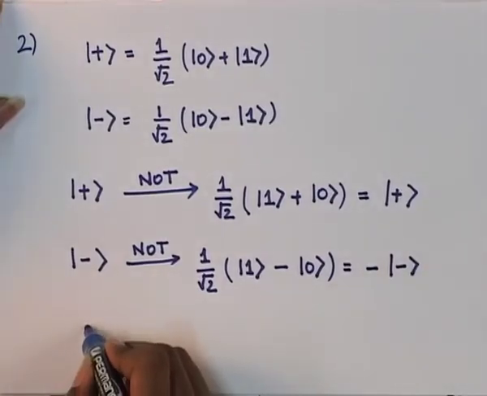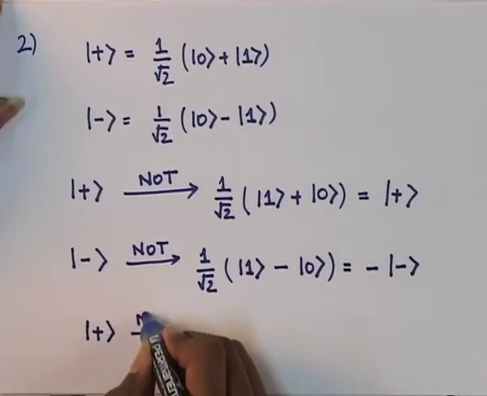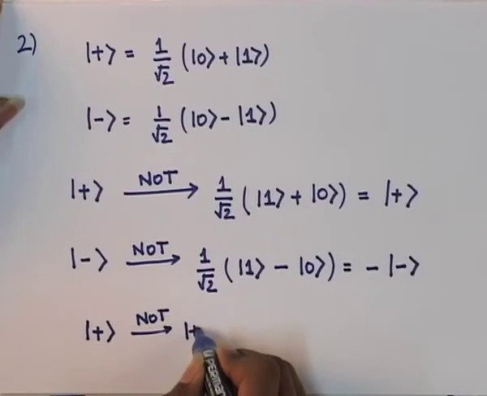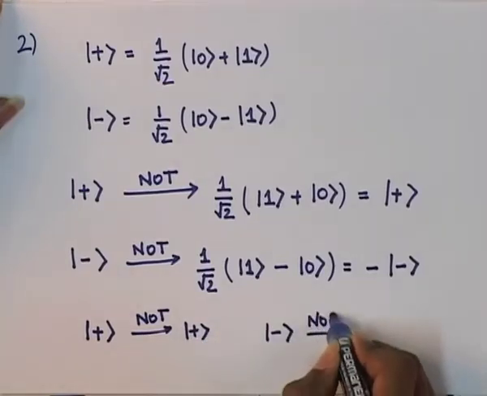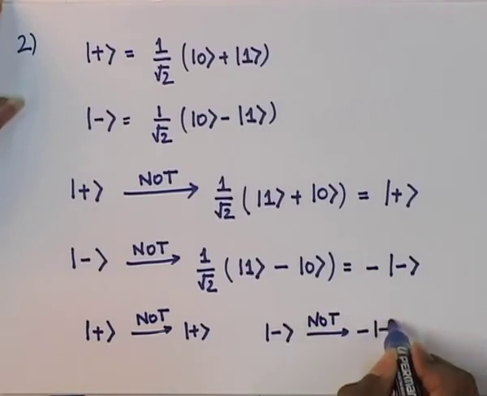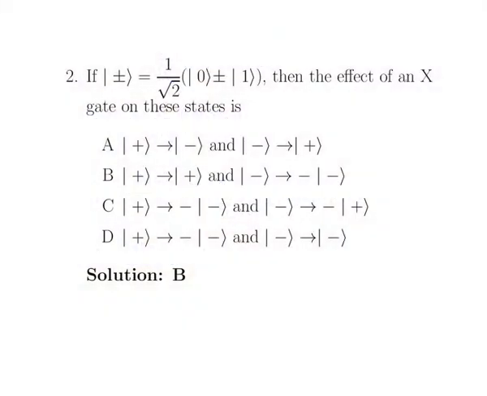So the final answer is on application of NOT gate plus qubit doesn't transform, but qubit minus transforms to negative of the same one. So the correct answer for this question is option B, which correctly shows the effect of X gate on these quantum states.